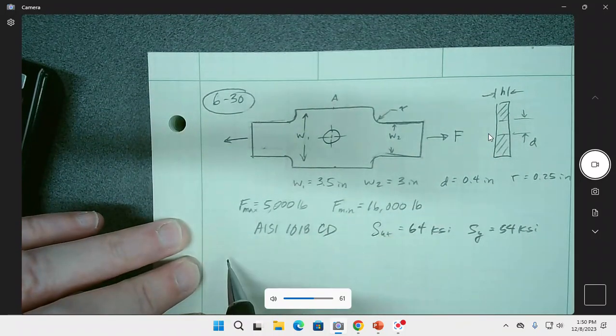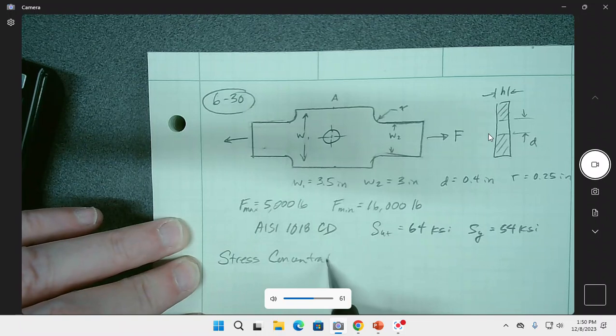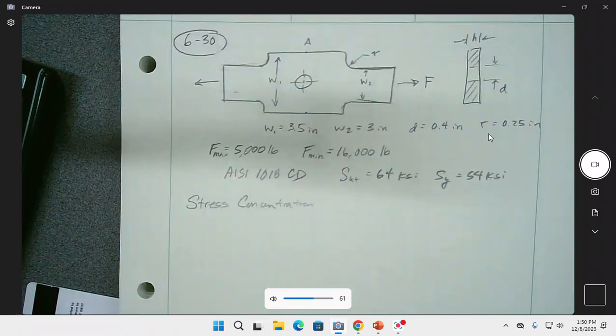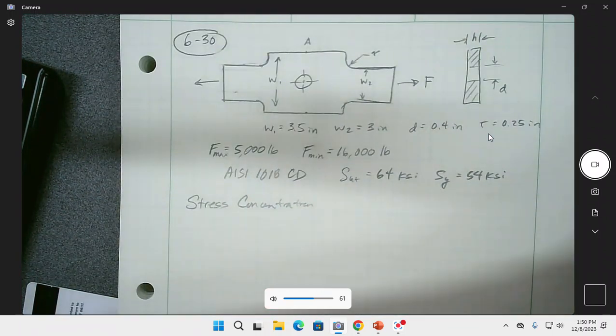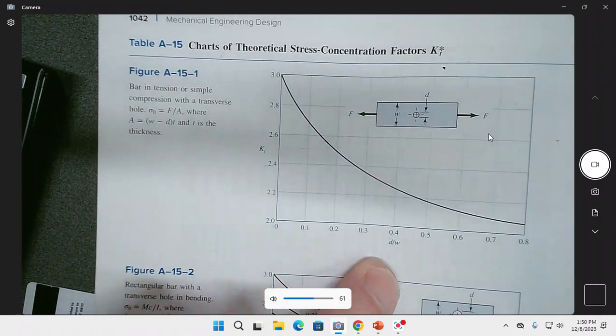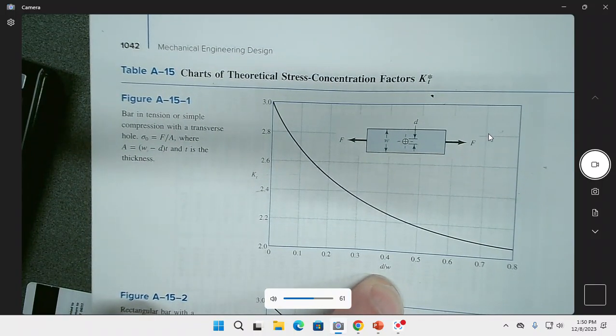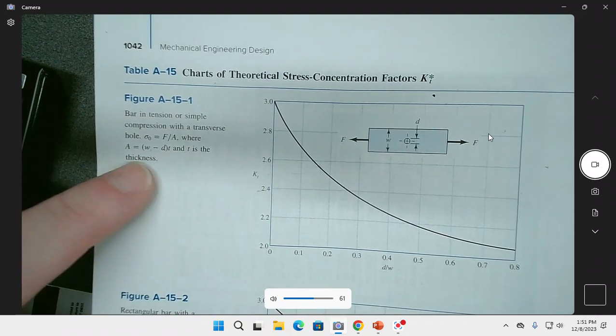Let's go get the stress concentrations first. So we'll look these up. We could do it ahead of time, but let's go ahead and look for it and then decide what factors we need. All right, so we need a d over w factor for the hole. Let's look at the area, right?